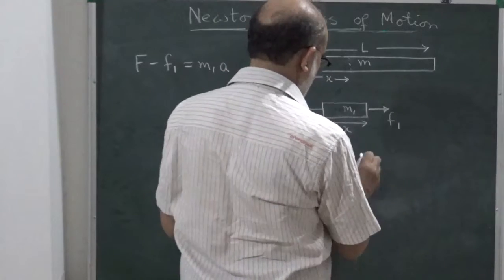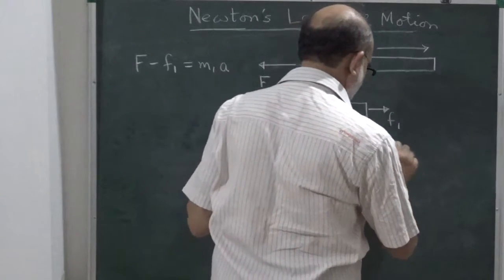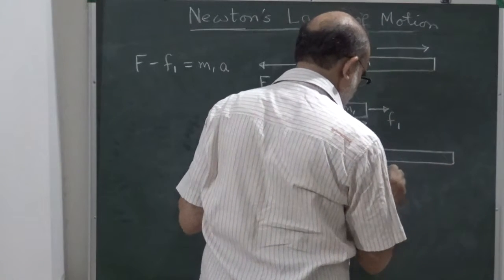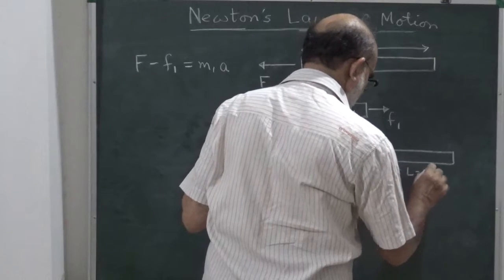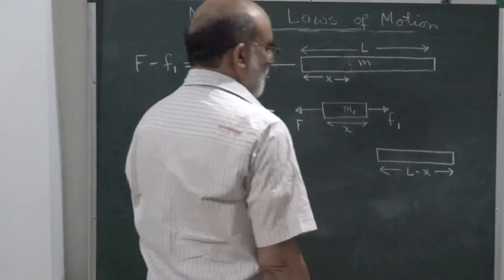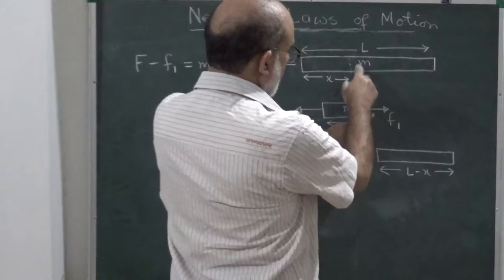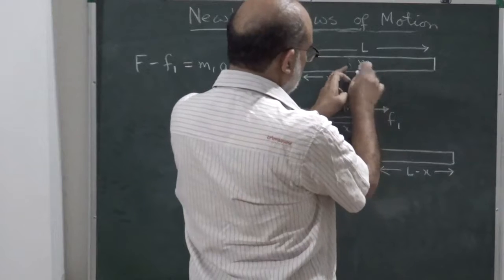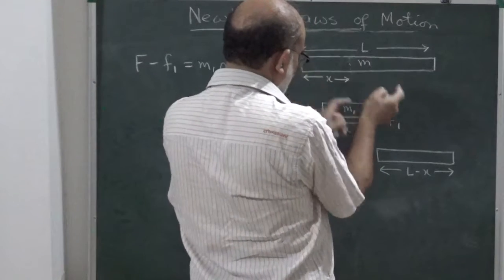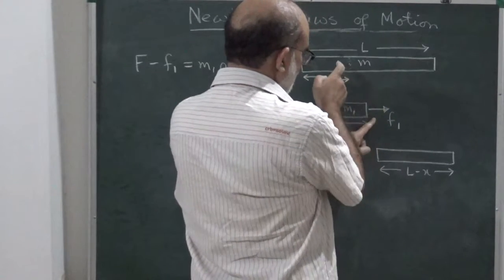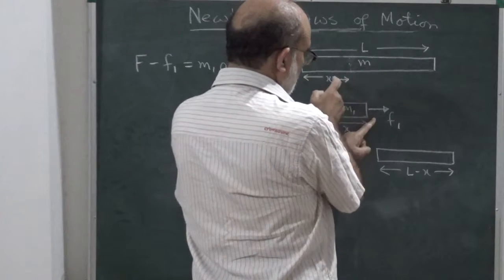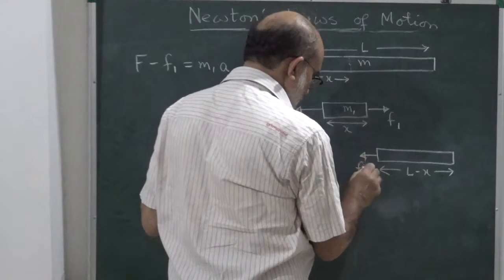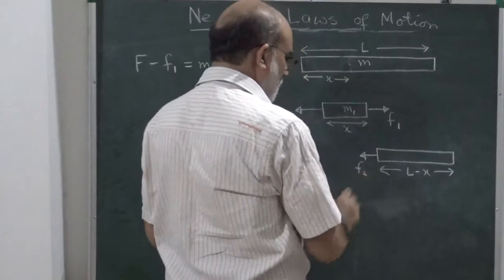Now this portion, this is L minus x. Now if force F1 acts in between them, it means the L minus x portion of the string pulls the x portion of the string by F1. By the same force, this portion will pull this L minus x portion. And suppose this is F2, and according to Newton's law, F1 must be equal to F2.